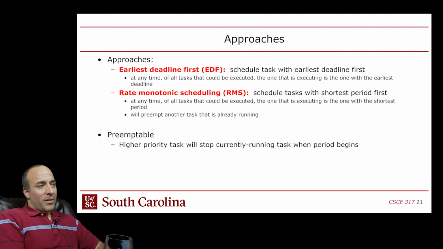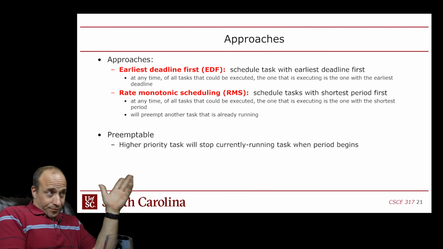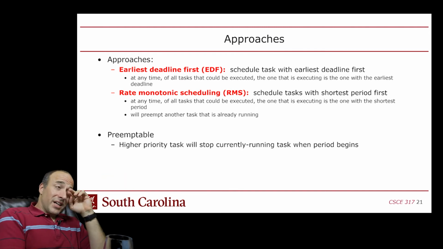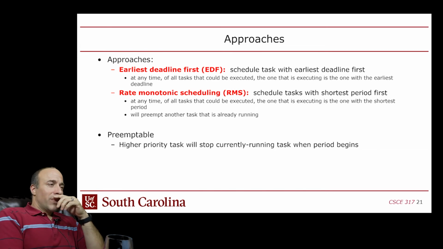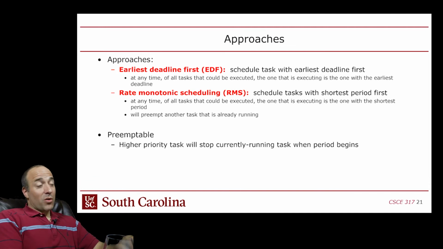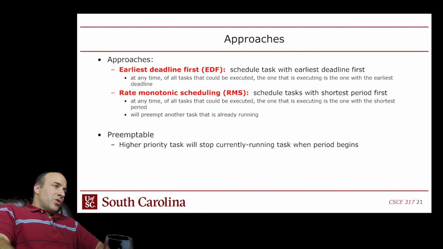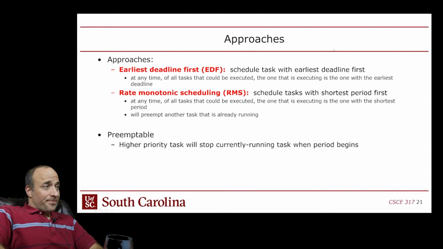In other words, the period is independent of the current time, whereas the deadline depends on the current time. So what that means is that RMS has a fixed priority scheme. Every task has the same priority all throughout time, whereas with EDF, the priorities of tasks are constantly changing as time moves forward. So RMS is generally favored for that reason.